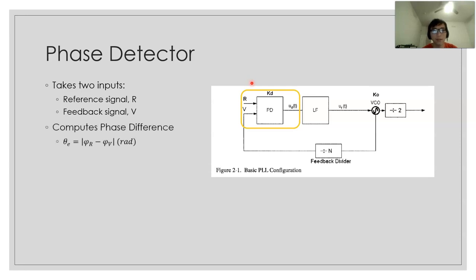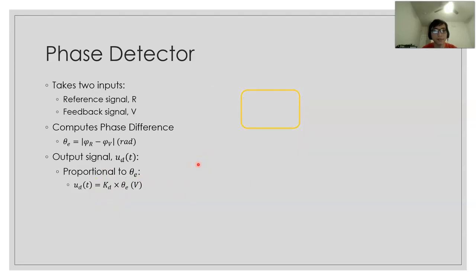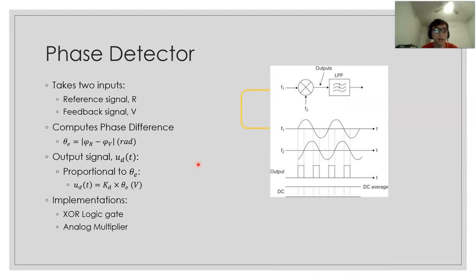Mathematically, it first computes the phase difference between R and V, which returns theta E right here. And the output signal UDT will be proportional to theta E by multiplying with KD, which is the gain of the phase detector. So that's the mathematical side.